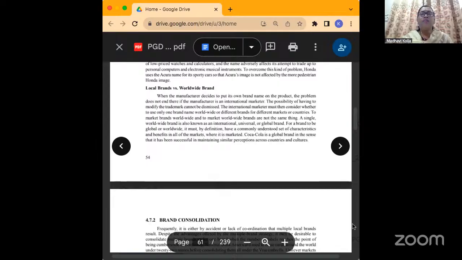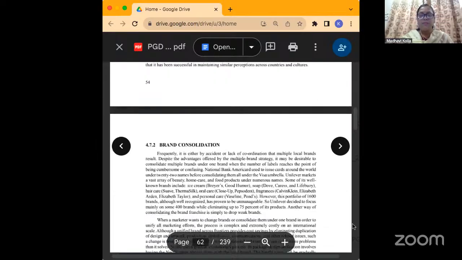So the kind of consumers that are there for Zudio versus Marks and Spencer may be very different because the target customers are different, the pricing is different, the product line is different. So there is a certain amount of differentiation that occurs between a local brand versus worldwide brand, and each has its own set of loyal consumers.